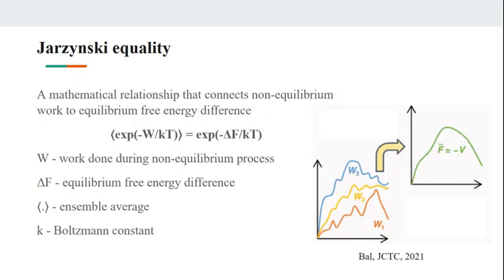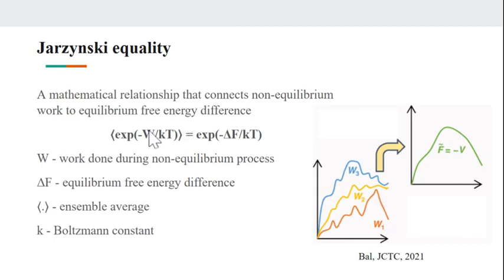Now let me introduce the Jarzynski equality. This is a mathematical relationship that connects non-equilibrium work to equilibrium free energy difference. So as we can see in the cartoon depiction here, if we have multiple non-equilibrium work distributions, an ensemble average of the exponentiated work with the Boltzmann factor would equal the exponentiated free energy difference.